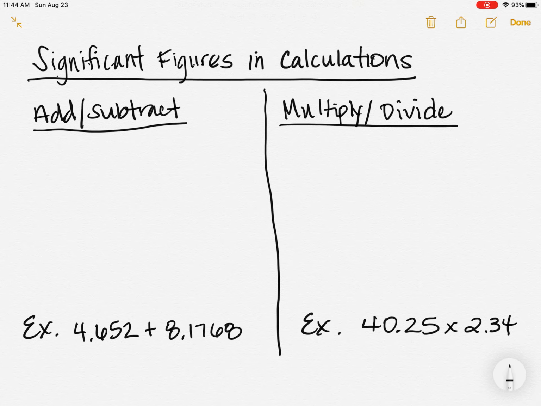So, okay, when you're adding and subtracting, this is what you have to deal with when looking at your answer.